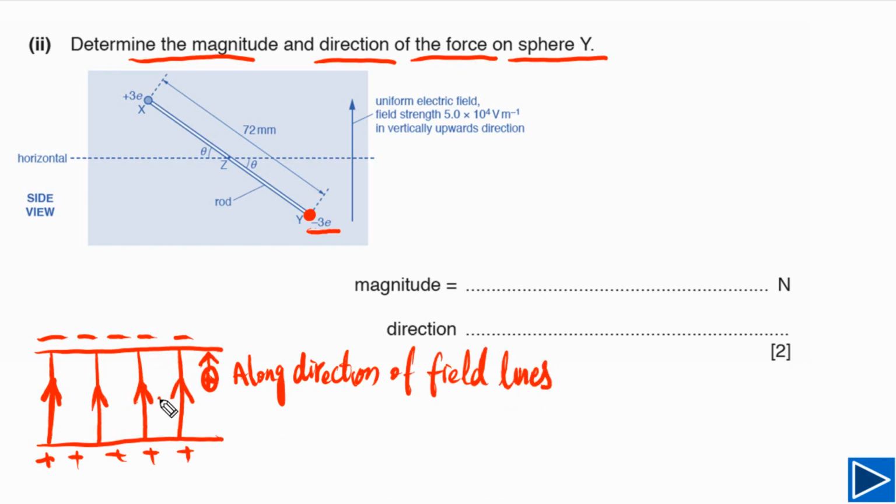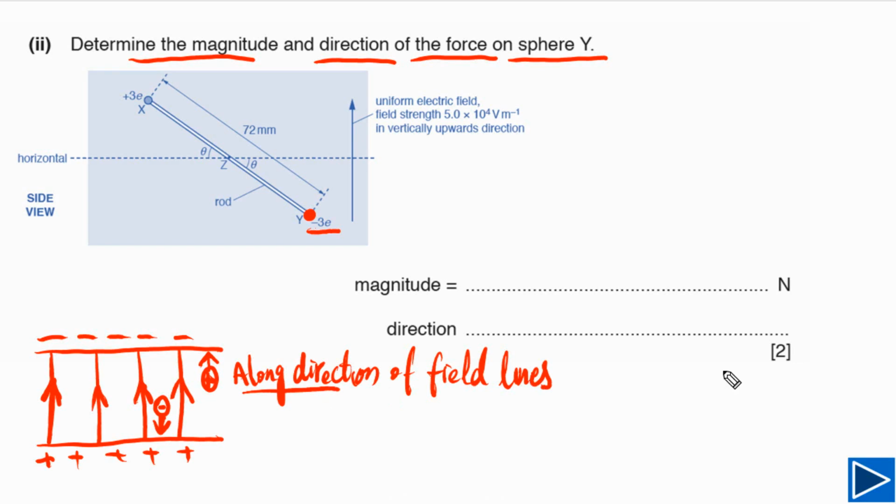Now if we place a negative charge inside this uniform electric field, this negative charge will experience force vertically downwards, but this force is also along direction of field lines.